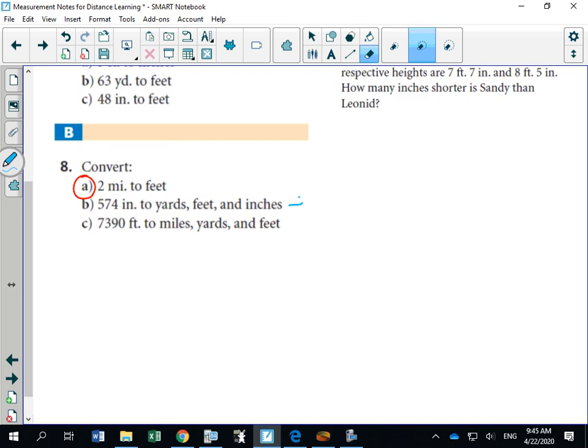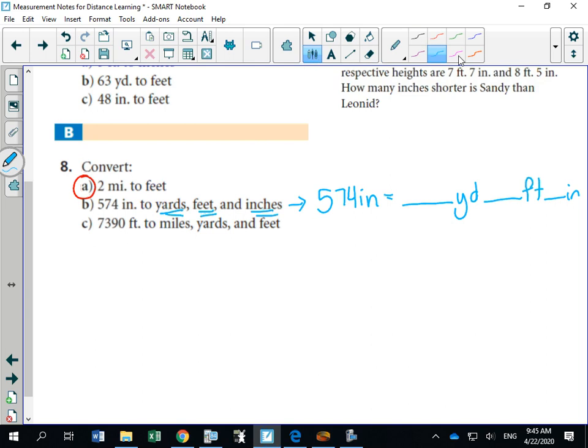So just rewrite these. B, 574 inches is equal to, convert it first to yards, take the decimal goes to feet, take that decimal goes to inches. That's what they want for B. For C, rewrite it, 7,390 feet, convert first to miles.